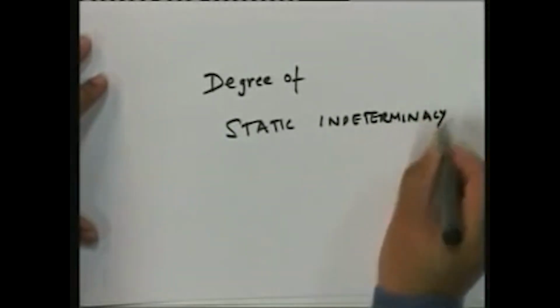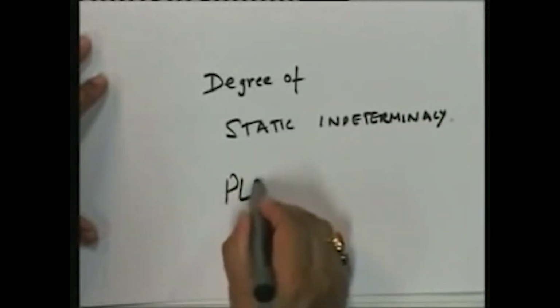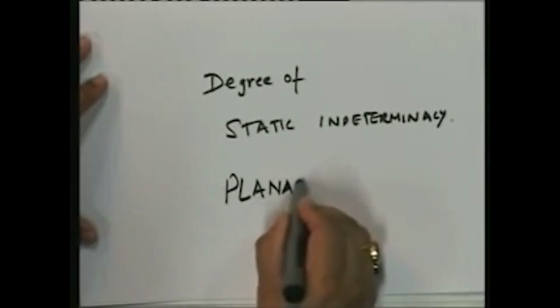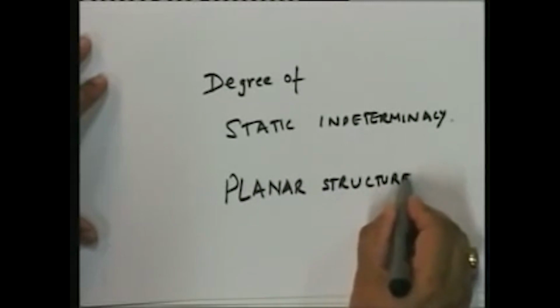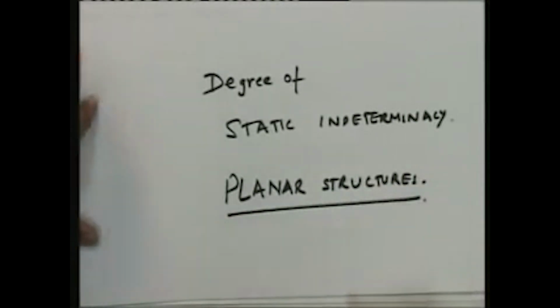Of course, I have talked only of planar structures. In this particular course, I am going to be only talking about planar structures, because of course once you can solve for planar structures, you can solve for space structures also.